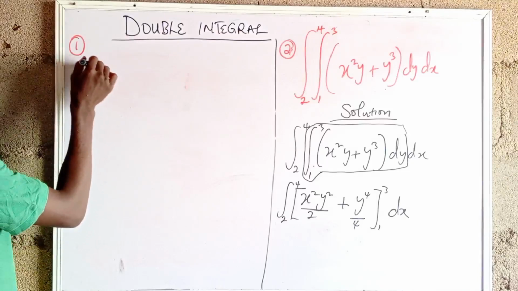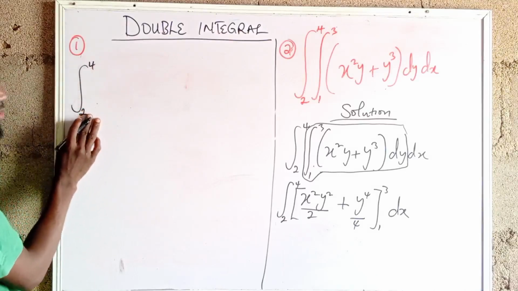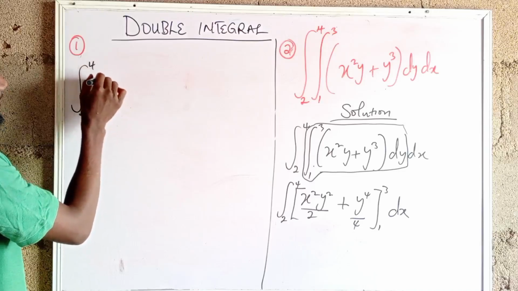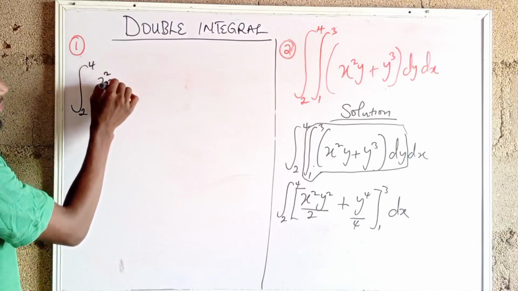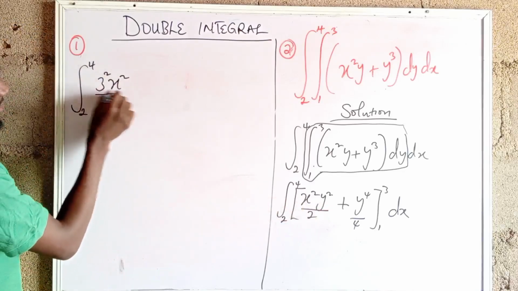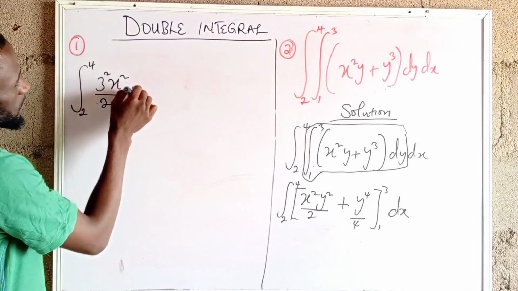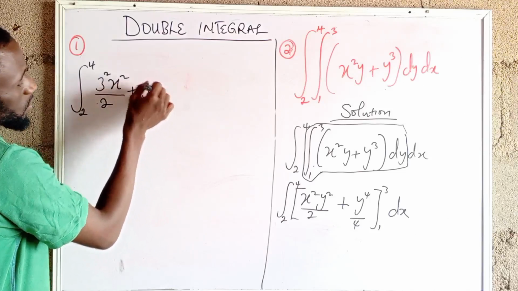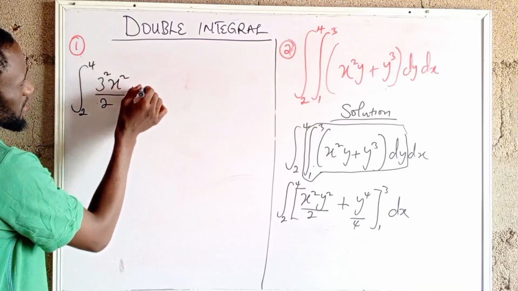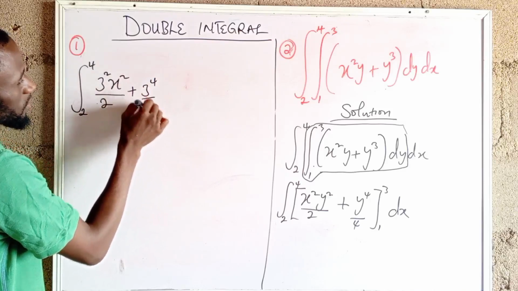With the limits from 2 to 4, we have 3 raised to power 2 times x squared all over 2 plus 3 raised to power 4 all over 4.